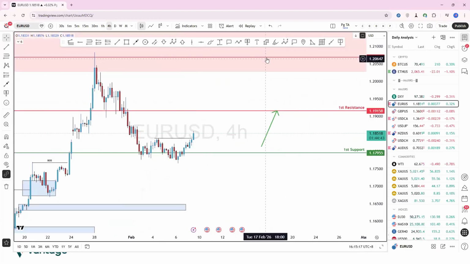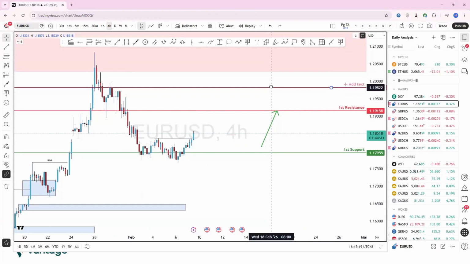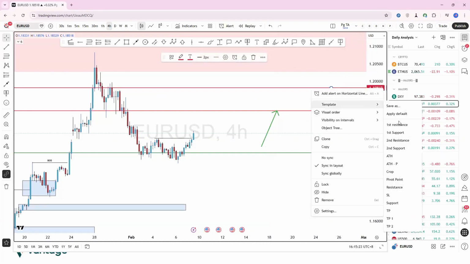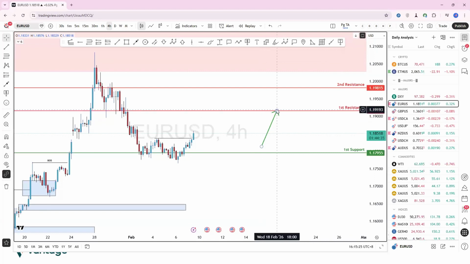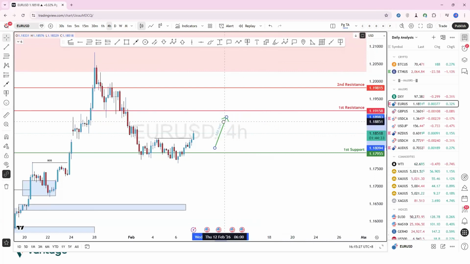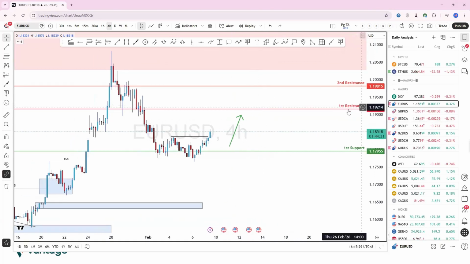Somewhere here, my second resistance, I might go back to this level. This second resistance. Okay. If you buy, you go to the first resistance and take profit.